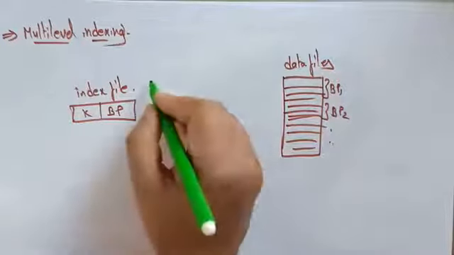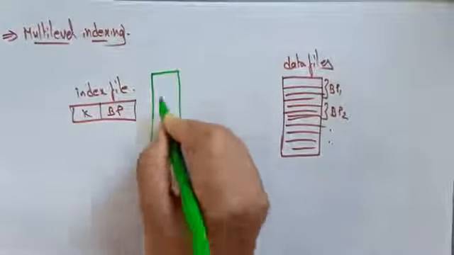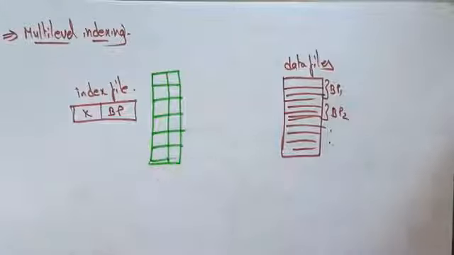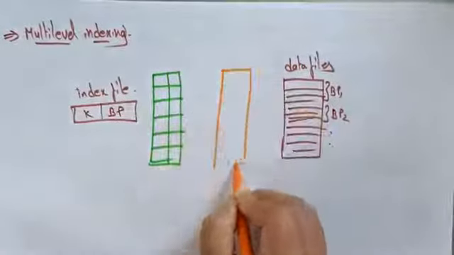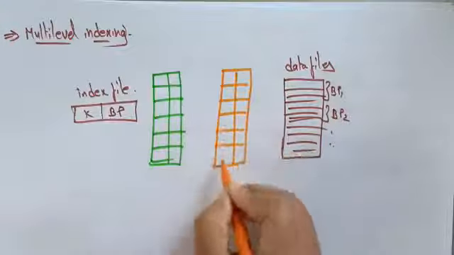In multi-level indexing, in between there are internal nodes, and we have the leaf nodes. The node concept is there in trees only.